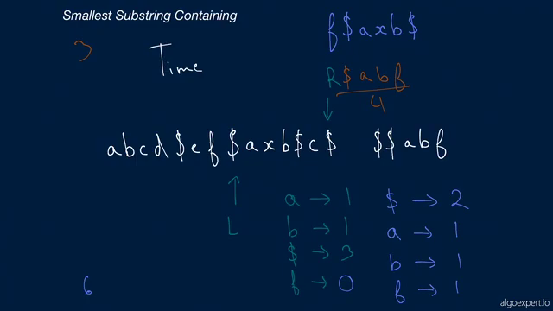But here we were able to very elegantly use these two pointers, this sliding window technique, to find this in linear time. So the time complexity is going to be O of B plus S, where B is the length of the big string and S is the length of the small string.